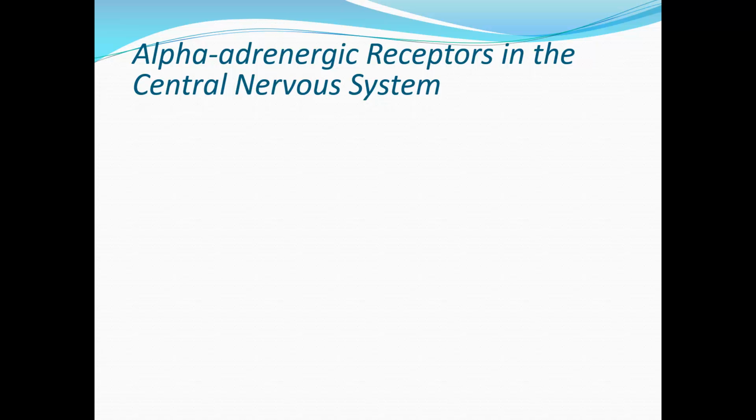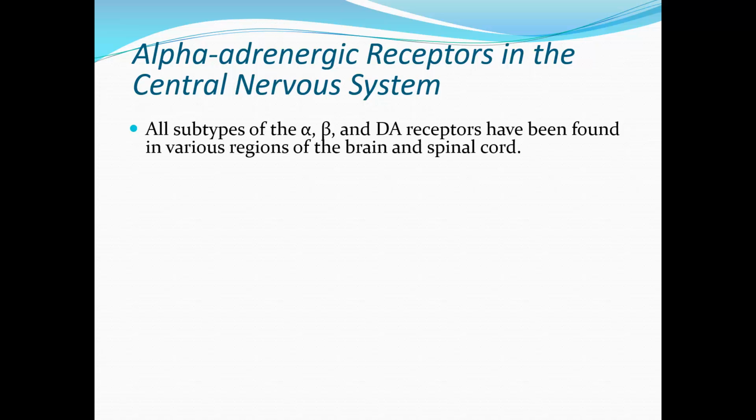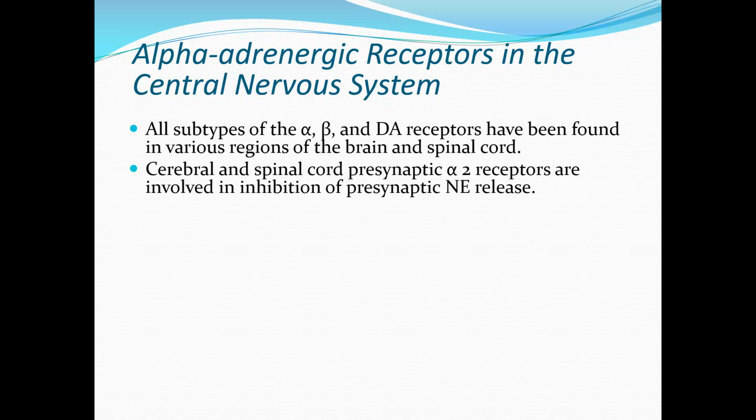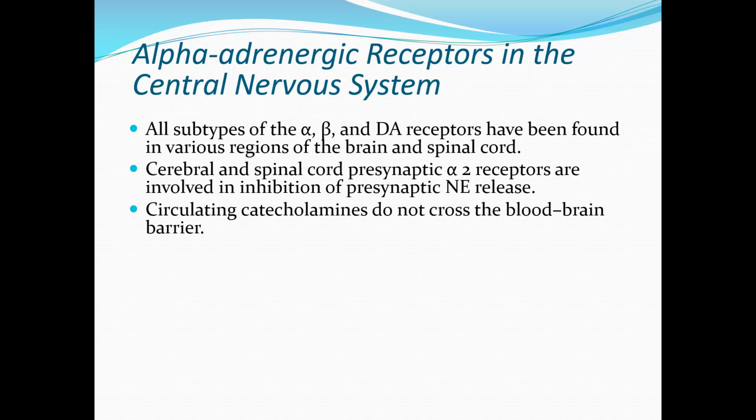What about the central nervous system? All subtypes of the alpha, beta, and dopamine receptors are present in different regions of the brain and spinal cord. Brain and spinal cord presynaptic alpha 2 receptors are involved in the inhibition of presynaptic norepinephrine release, so not too dissimilar.